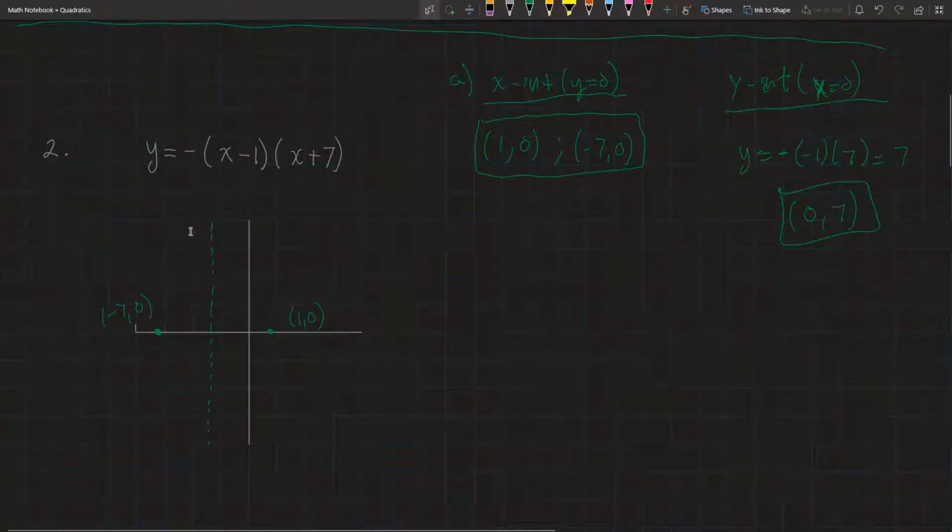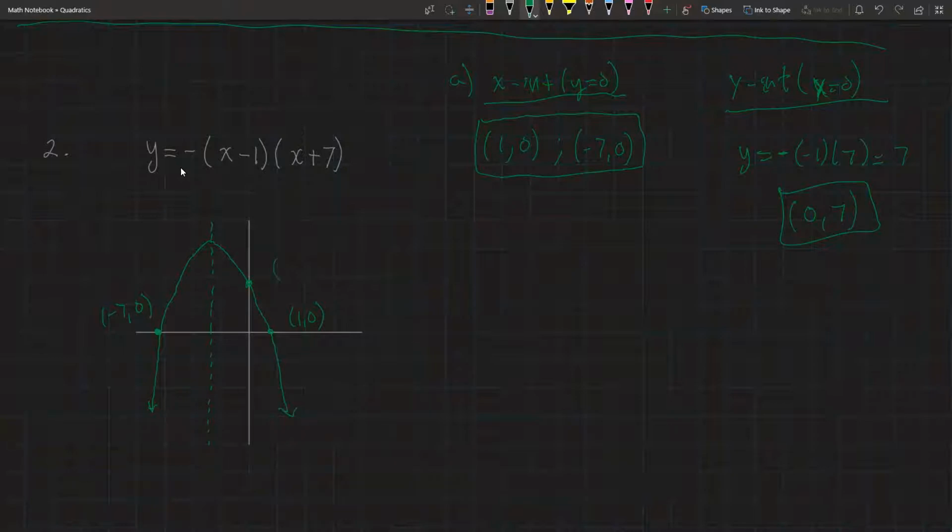That tells you something about the parabola. Does it curve upwards or downwards? That implies a downwards curvature, and it would look something like this. That's not too bad, especially since we knew that this was a +7.